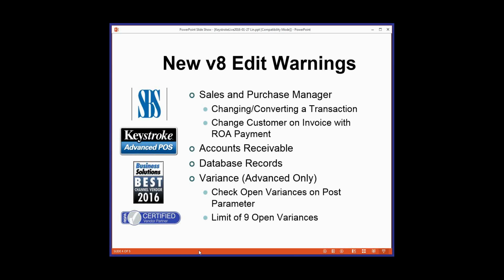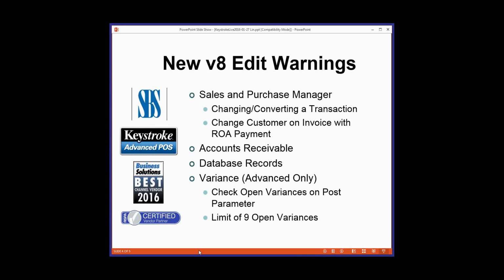There's also a feature in variance that is for advanced Keystroke POS only, that when you could have, you all know, multiple variances going on different computers. Maybe you've got one person checking a particular department, another person checking another department, or one's in the front of the store or in the main part of the store, one's in the warehouse or the storage area. So you can have multiple variances going on.